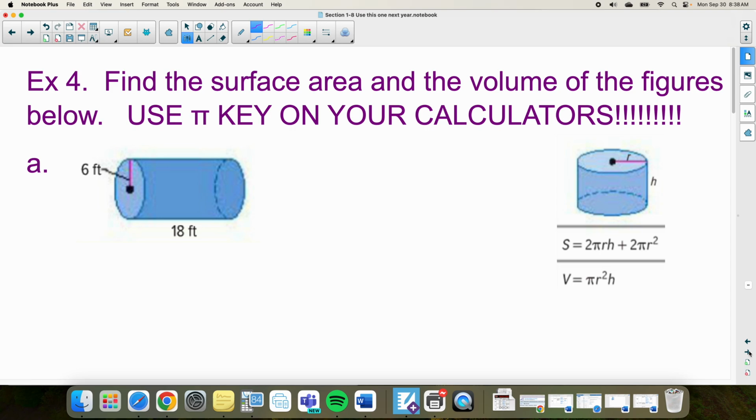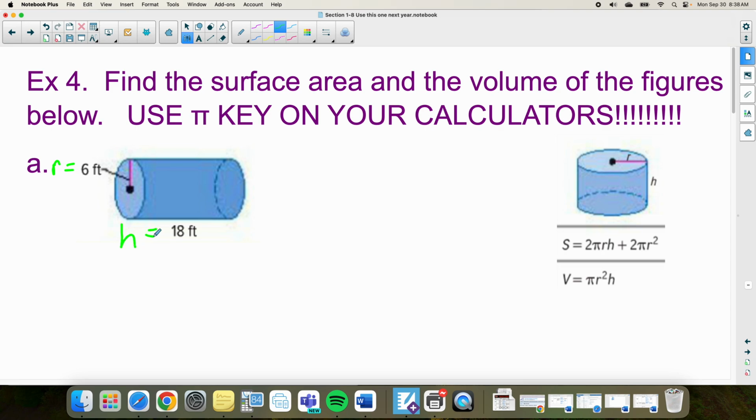So in a cylinder, you have to know what is the radius of the circle and what is the height of that cylinder. So if I go back over here, do you guys get that the 6 is your radius of that circle base? So this is my radius. The height of the cylinder is how tall it is, and so that's going to be this.